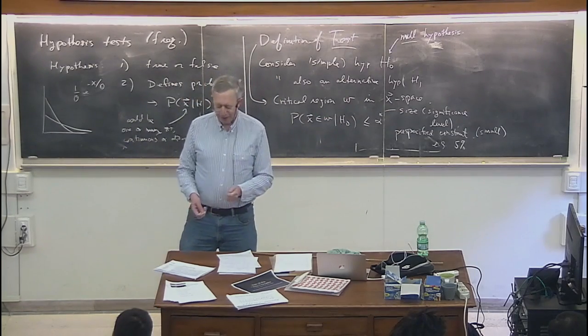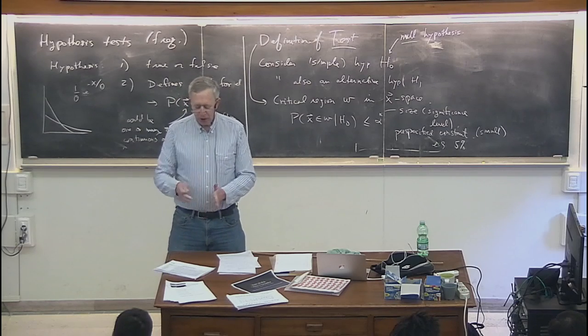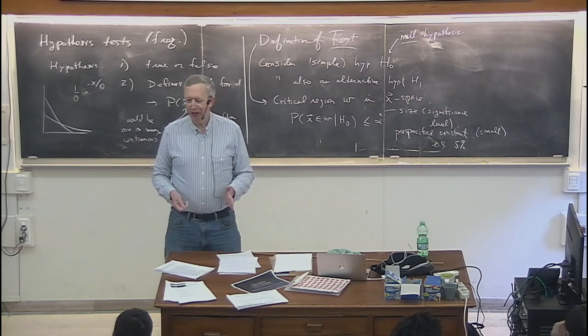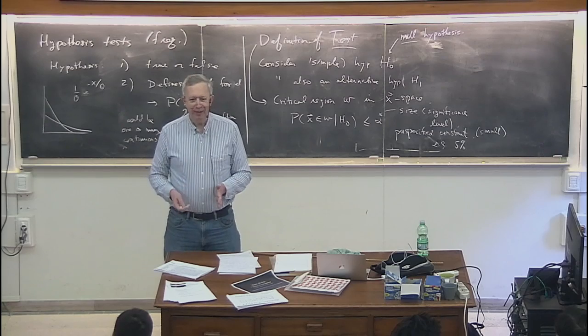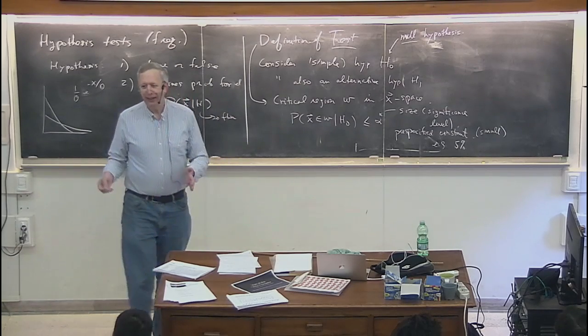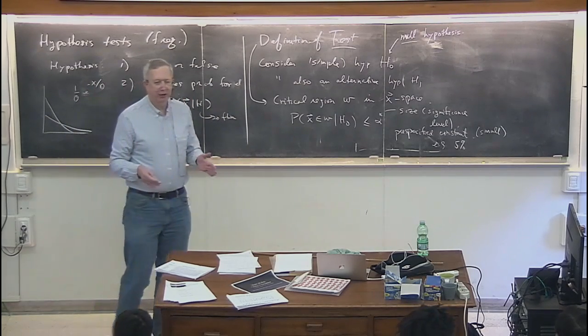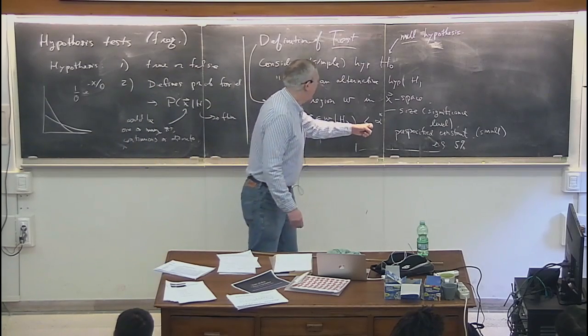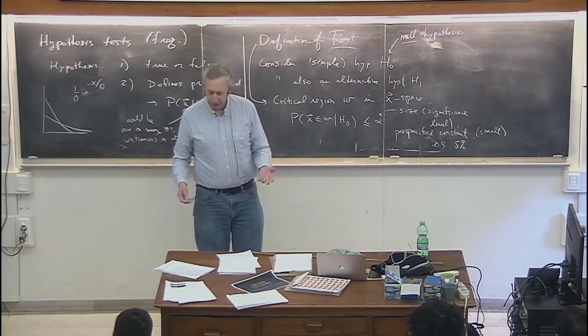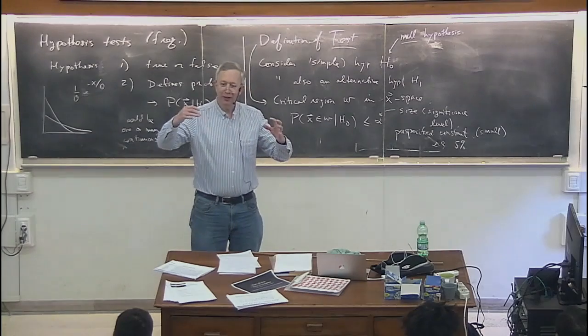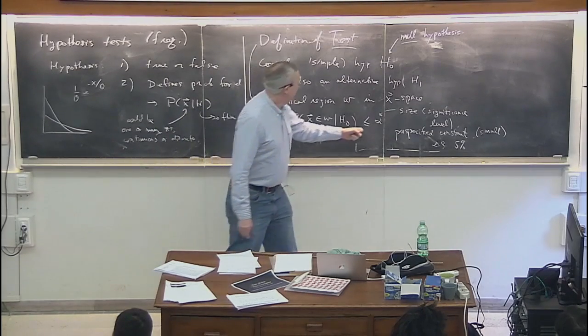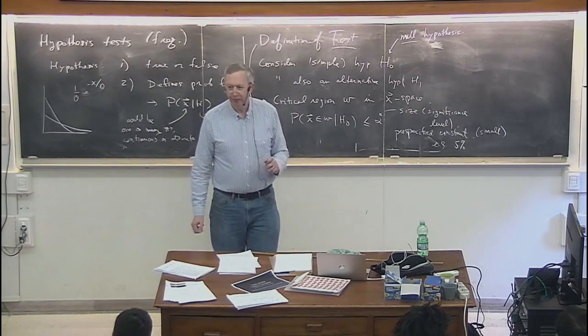So if I'm counting events, maybe the probability to have 0 or 1 is 4.7%, but 0, 1, or 2 is 5.3%. So I can't actually form a subset of the data space such that the probability is exactly equal to alpha. If that's the case, I take it to be the largest set of X space that I can find that doesn't exceed alpha. Okay.